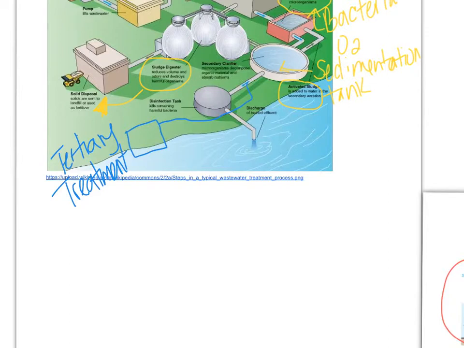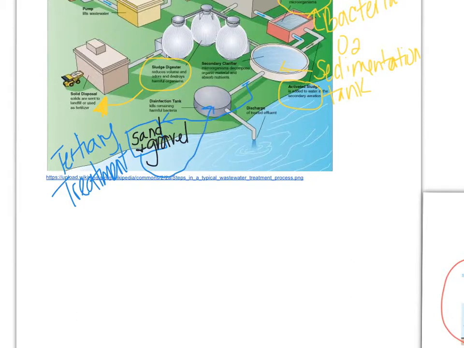It also is a water supply for the farms in Ventura and Oxnard that grow our strawberries and our oranges and avocados. So tertiary treatment is actually taking the water and putting it through sand and gravel and making it extra clean. And then from here, it goes to the disinfection tank.